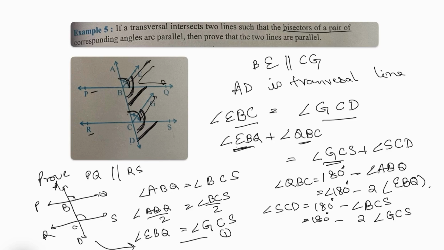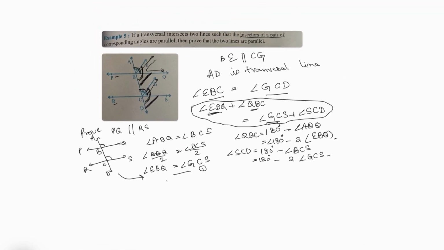So we put these two in this equation. Therefore, angle EBQ plus 180 degrees minus twice of angle EBQ is equal to angle GCS plus 180 degrees minus twice of angle GCS.